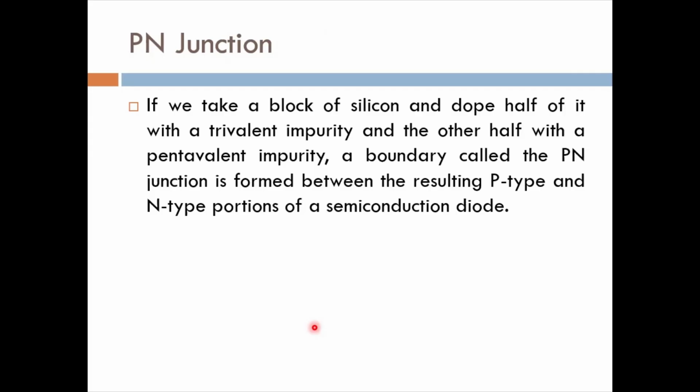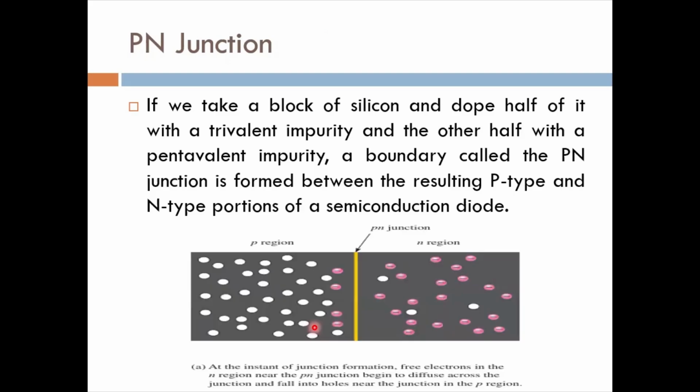So P means where the majority carriers are holes and the minority are electrons, and N means where the majority carriers are electrons and holes are in the minority. So this will be the junction like this. There will be some P region, some N region and a PN junction, and it's actually the diode.